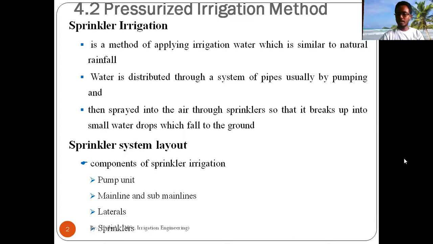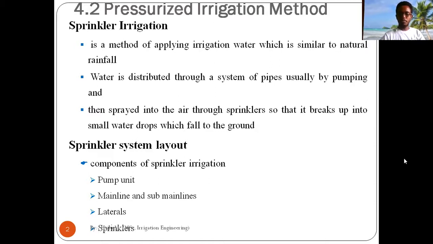In a sprinkler system layout, there are some components. The main components in sprinkler irrigation are, firstly, the water source. Then there will be pumping units.